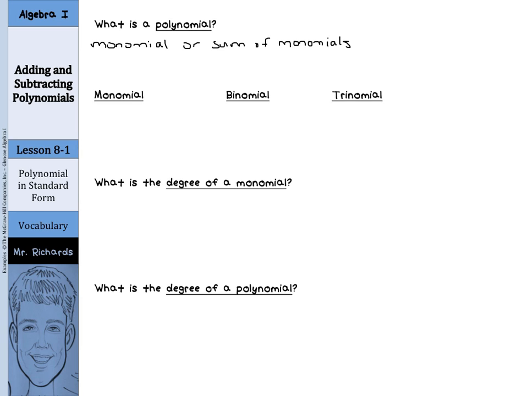Well, a monomial is a number, variable, or a product of a number and one or more variables. And an example of this could be something like 7x. That's a monomial. Then what's a binomial?